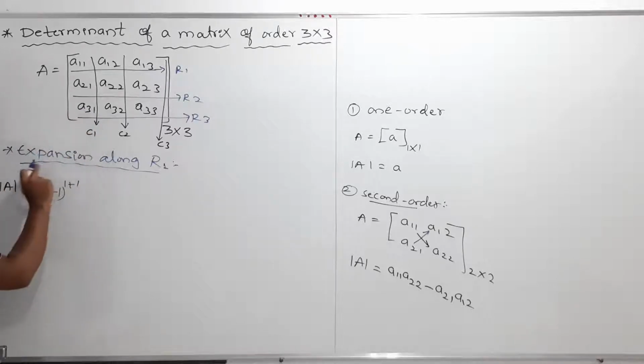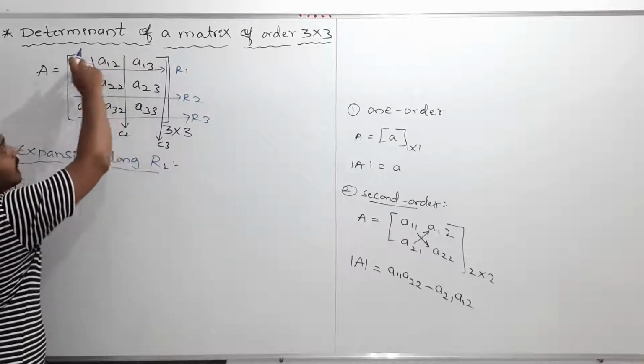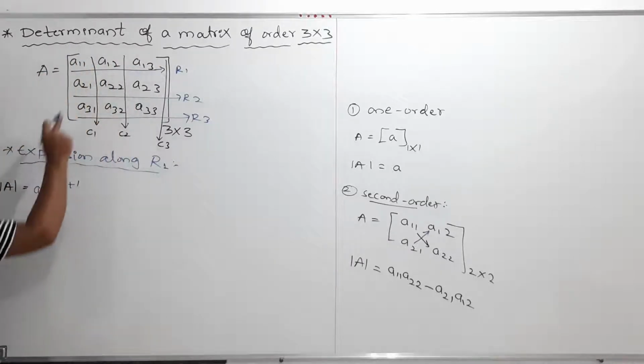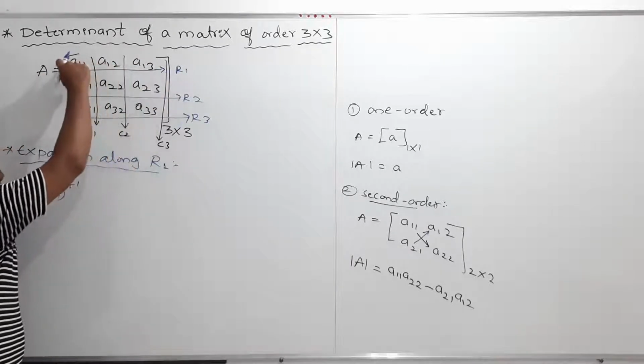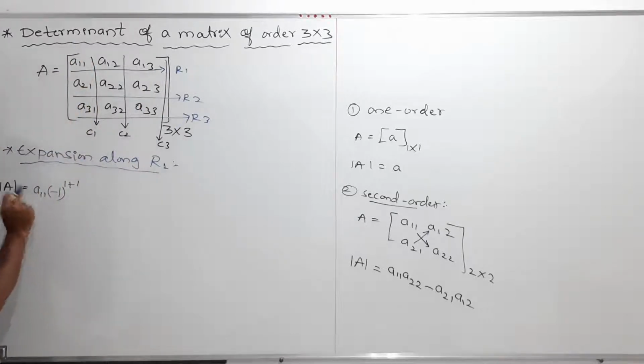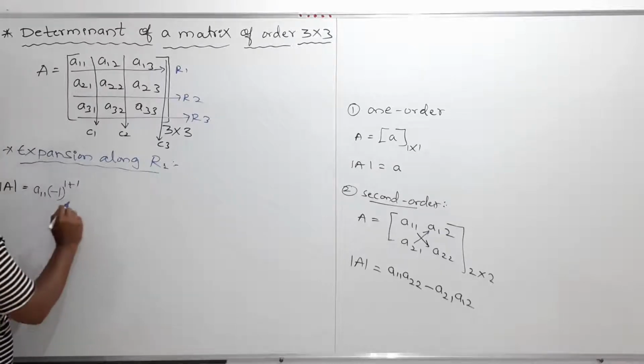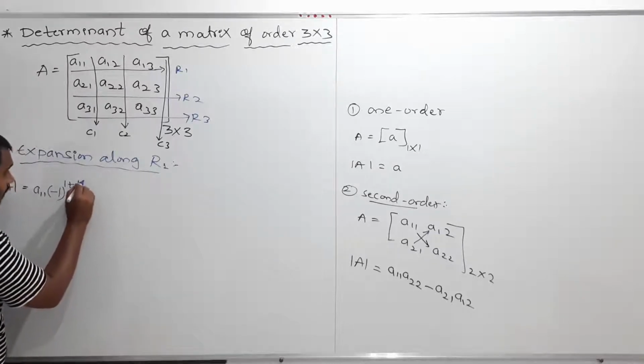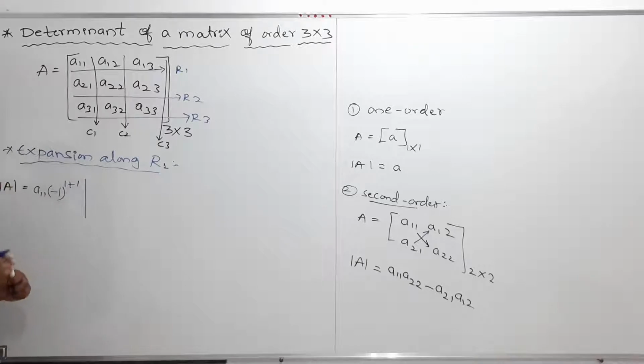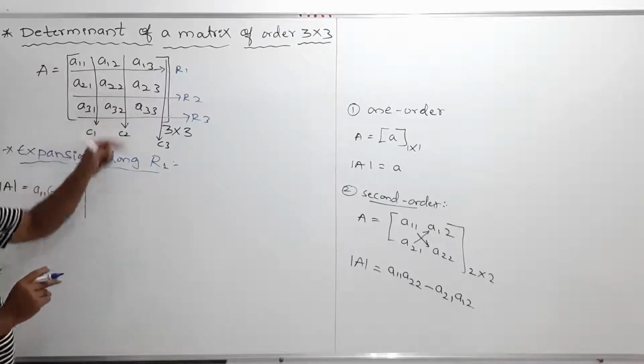So if you are expanding along row 1, first you should consider the first element of row 1. In this row 1, the first element is A11. To this element we should multiply with (-1) to the power of the sum of the suffixes. After this, my dear students, you should multiply with the 2 cross 2 determinant.